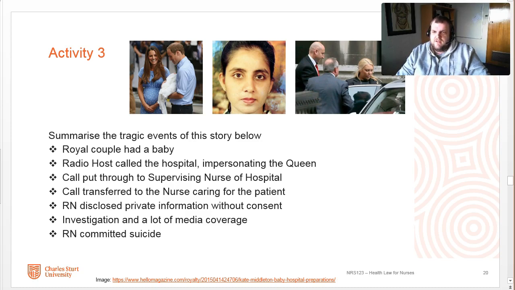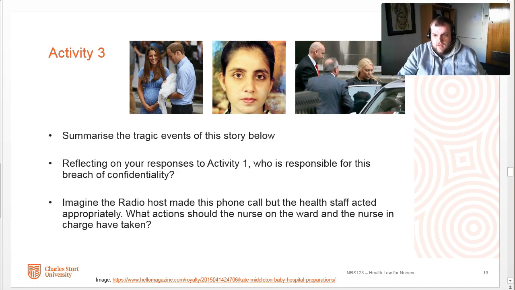To be willing to say, I'm sorry, even if you are the Queen, I need to ask for consent first, would obviously be really difficult, but it's necessary, and there'd be a way to do that well. Even if it's not the Queen calling, it can be really pressing when someone's eager to know information about their sick relative, and RNs have a responsibility to still push back and say, no, I'm sorry, I need to get consent for that.